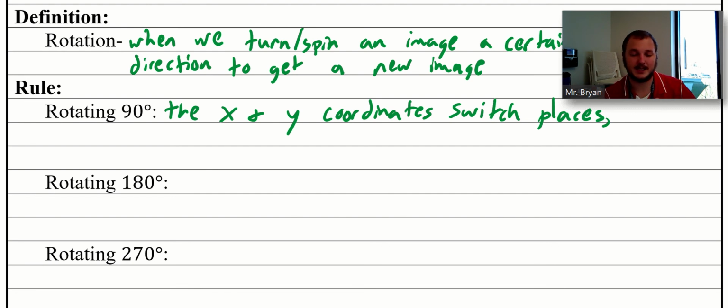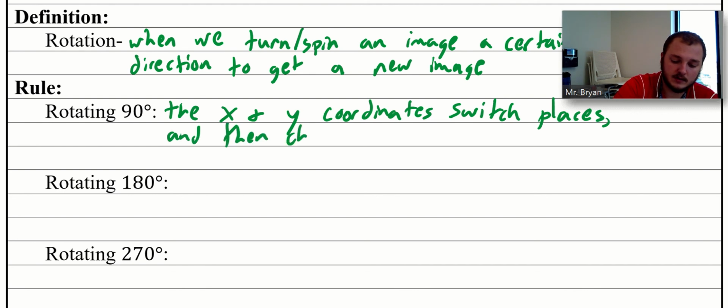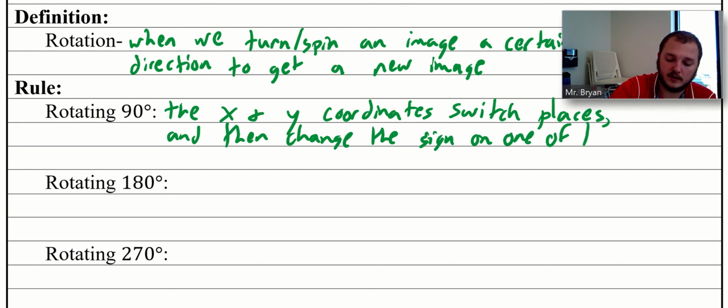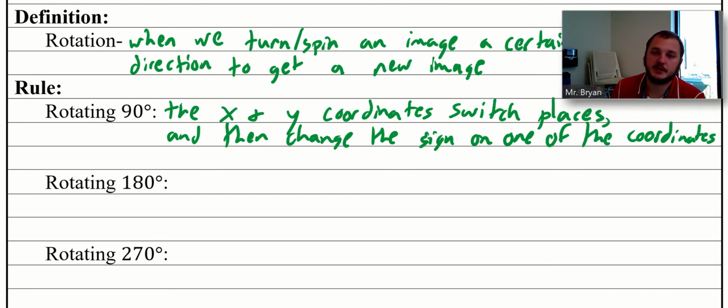Then, the next thing that needs to happen is I need to change the sign on one of the coordinates, or flip the sign, depending on the direction.